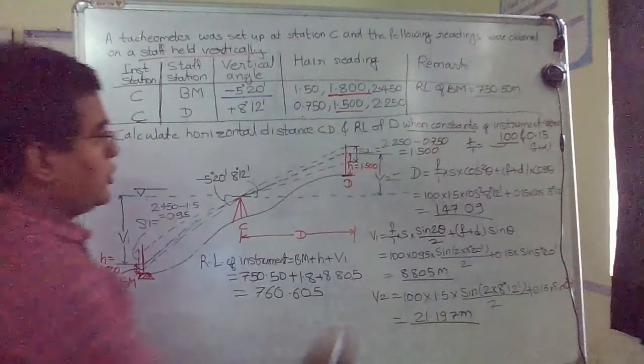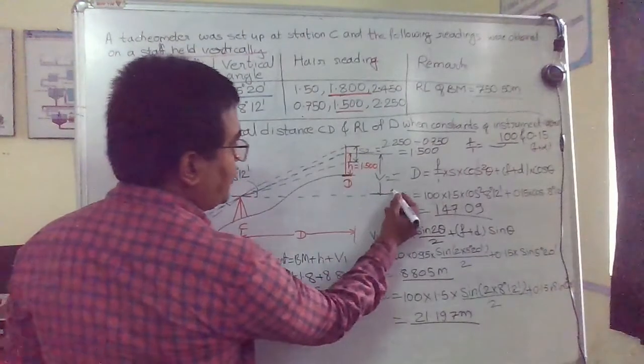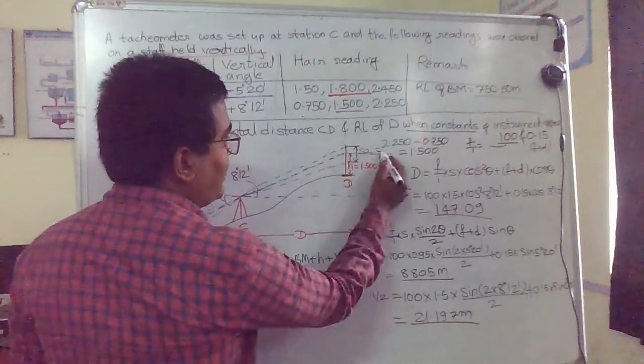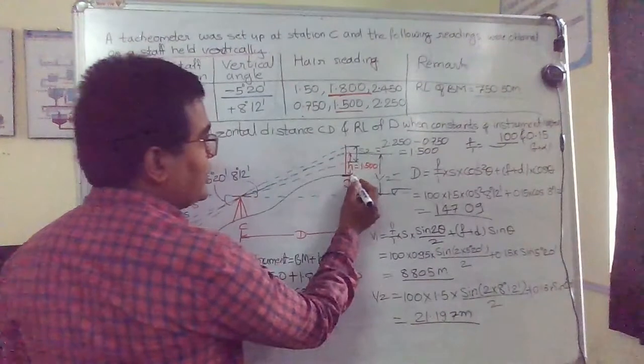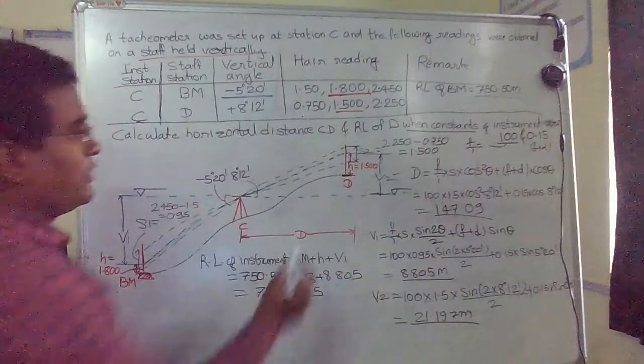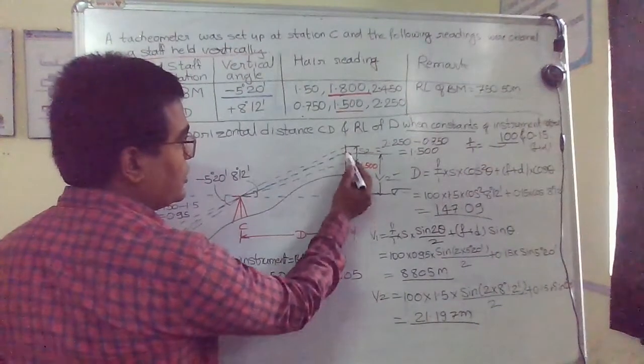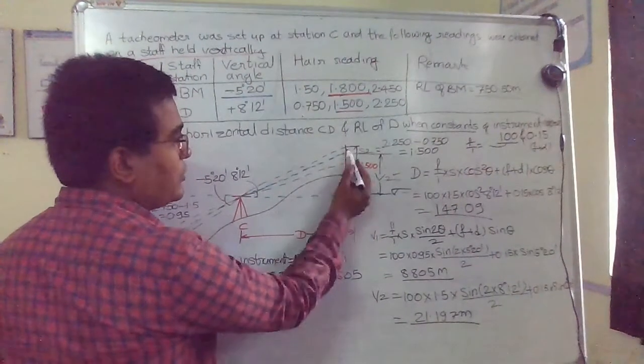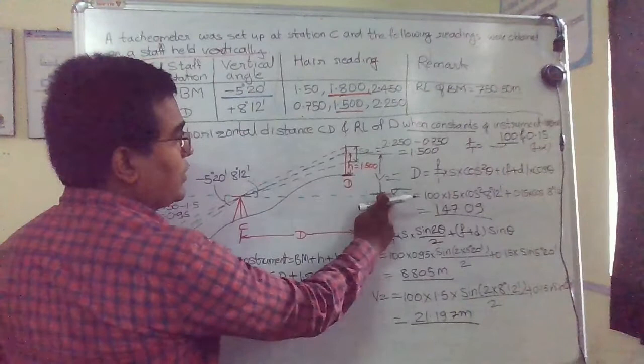So now what we have to do? We know the RL of this line. We have to add V2 and we have to subtract H. H is the distance of this central crosshair where it bisects the staff, that is up to the ground, the distance between central crosshair and the ground. H we know. We know the RL of this instrument axis.